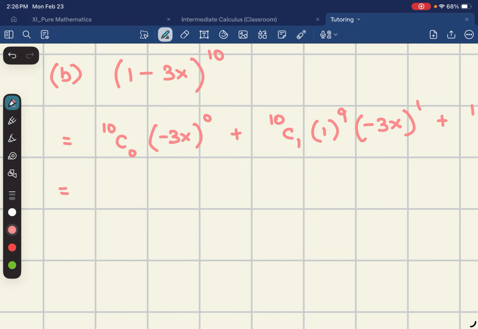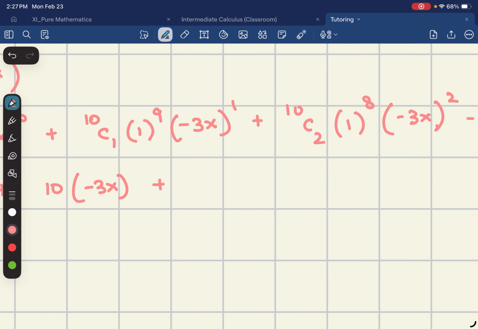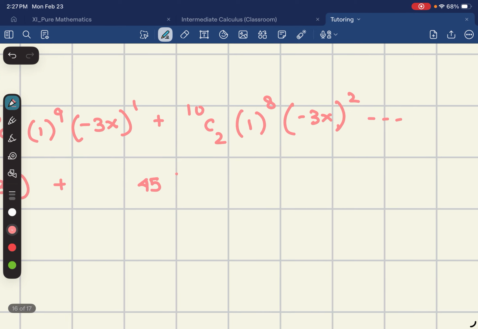So 10C0, I have 10 items. In how many ways can I select no item? In just one way. Because the only way to do that is just not selecting anything. So that is 1 times negative 3x to the power 0, which is also 1. Plus 10C1 is 10, and then I have minus 3x. And 10C2, well, that is 10 times 9 divided by 2 factorial. So that gives me 45 times minus 3x squared.